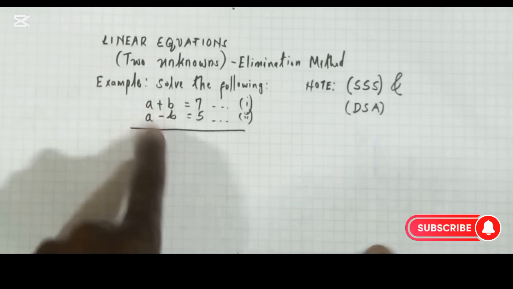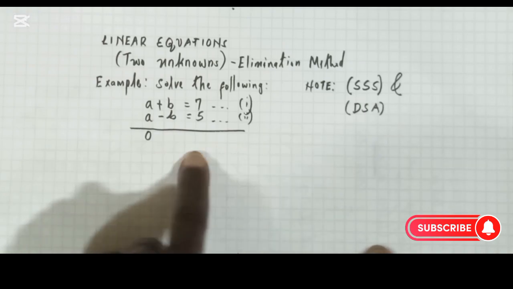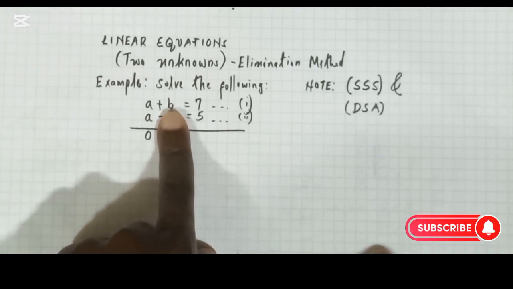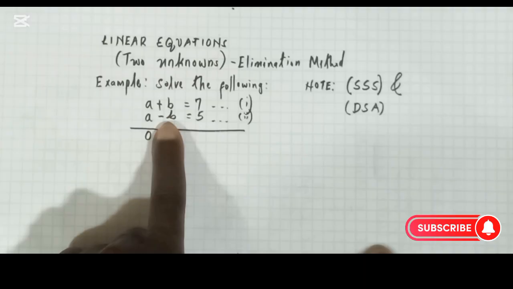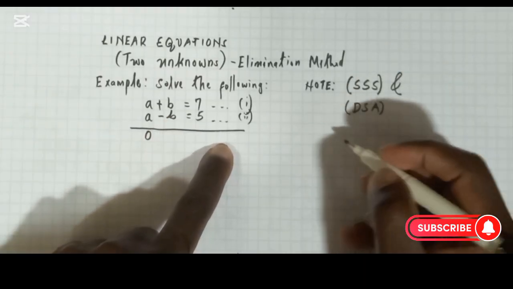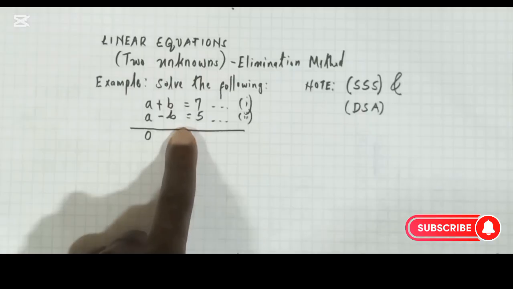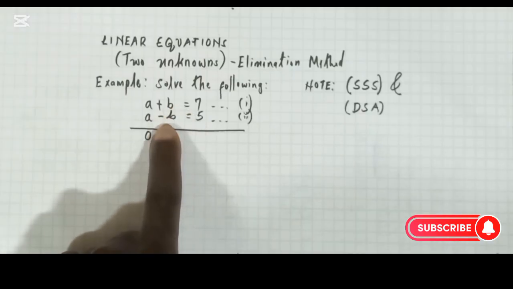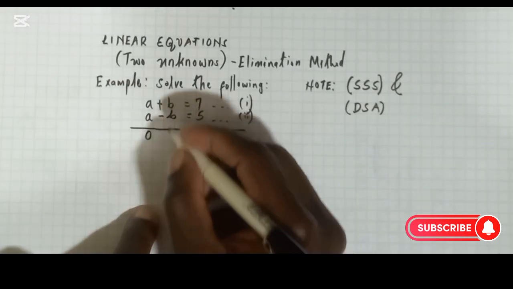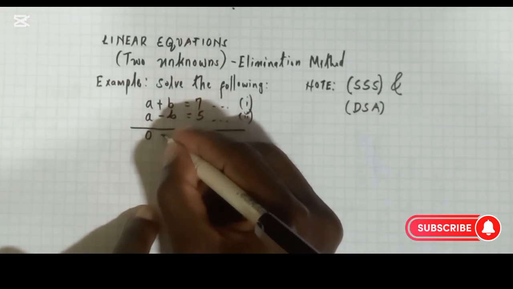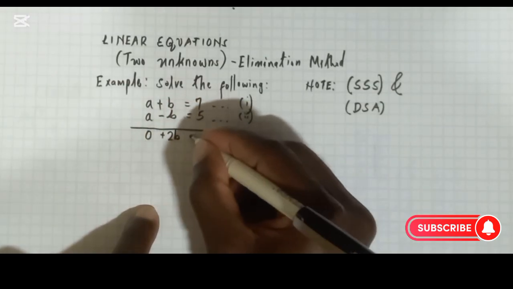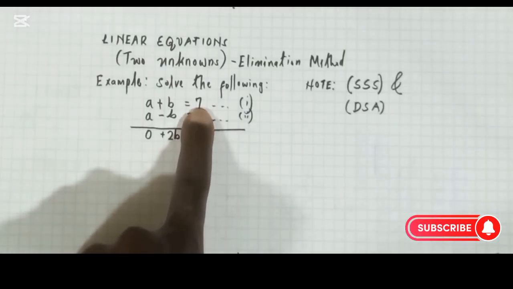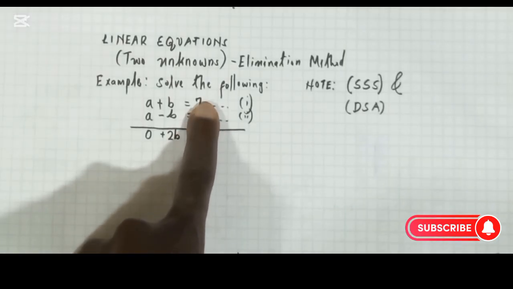Now we take positive b minus negative b, which gives us 2b. So we have plus 2b equals 7 minus 5.